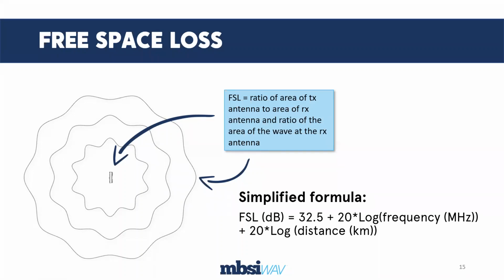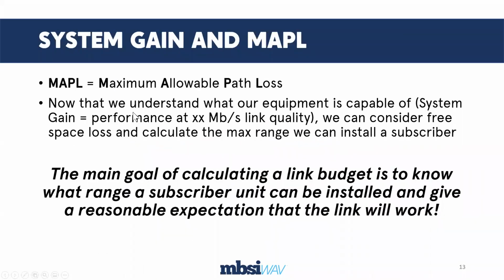So once we know the distance that we want to go, or in this Maple formula, we can determine what the maximum number is that we can go. When we're calculating our maximum allowable path loss, our system gain minus our transmission impairments that we know about gives us the maximum path loss.